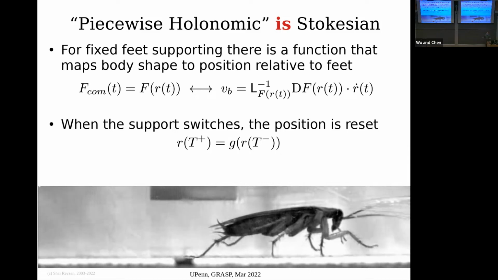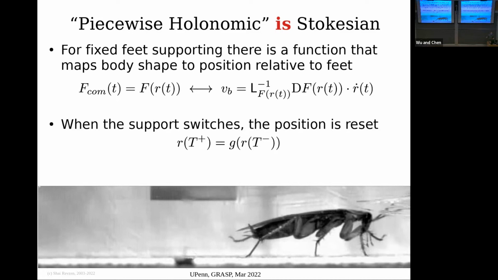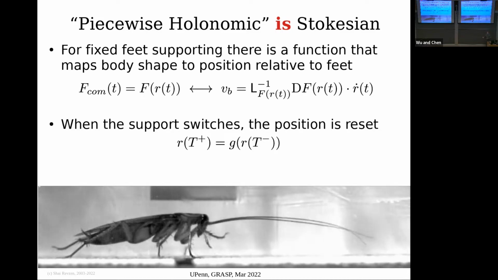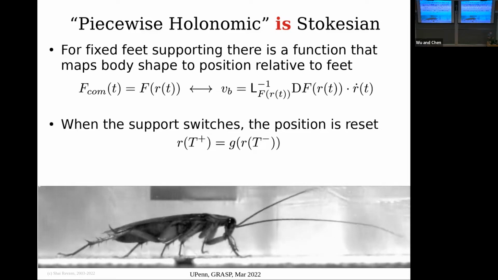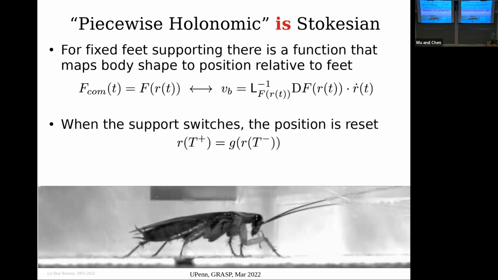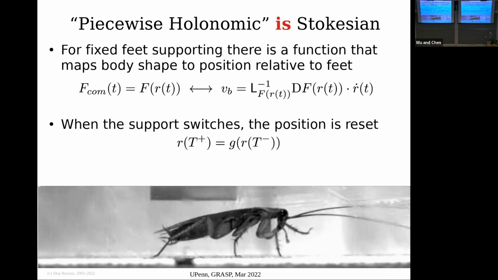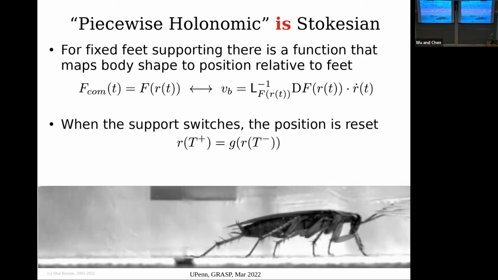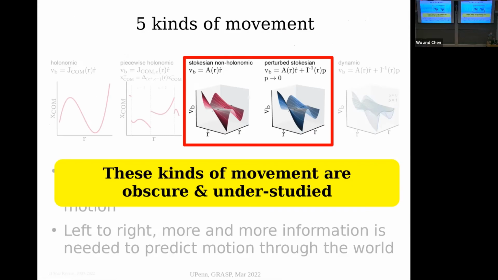And I'm going to get an equation on the right that looks like A of R times R dot. There's a matrix multiplying R dot, and that matrix depends on the shape. So piecewise holonomic motion is always a special kind of Stokesian motion. But Stokesian motion is fairly obscure and understudied, and I hope I'll convince you today it shouldn't be so understudied.